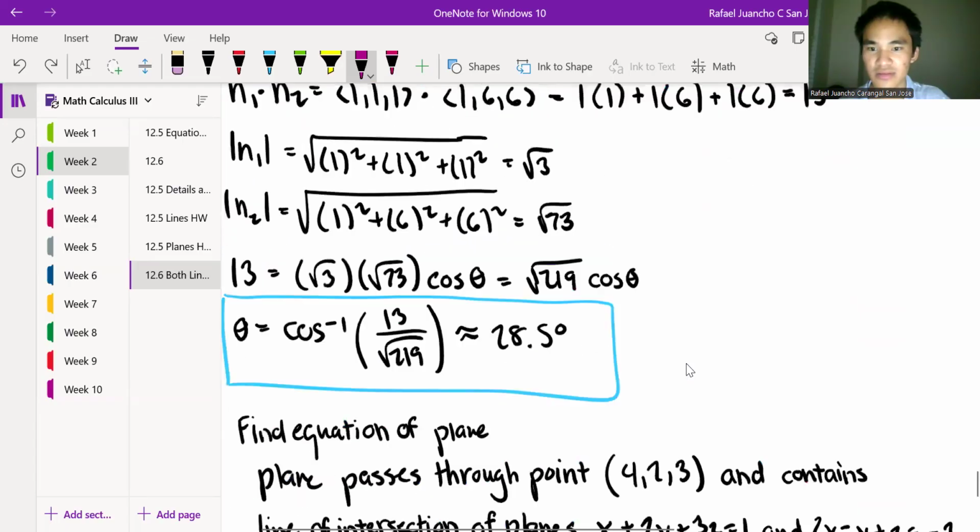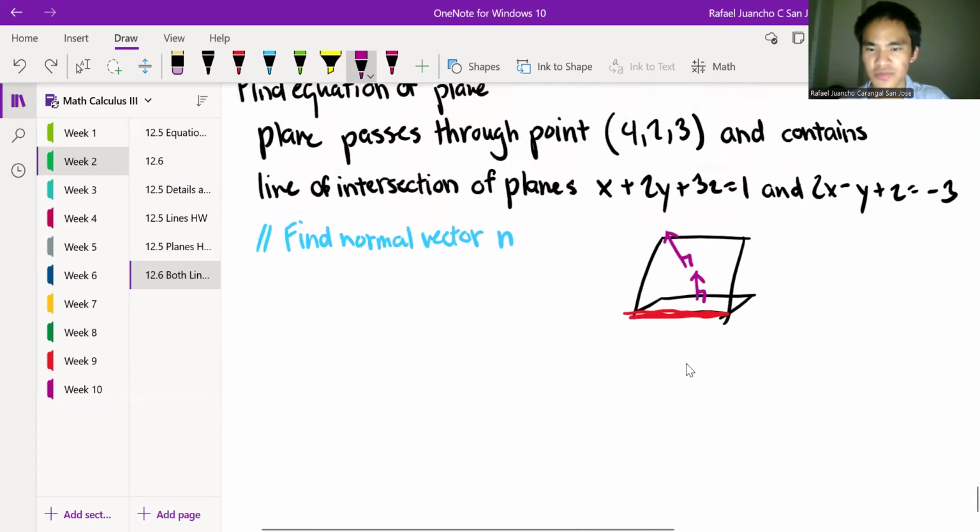So once we get n1 and n2, which is equal to this vector here.